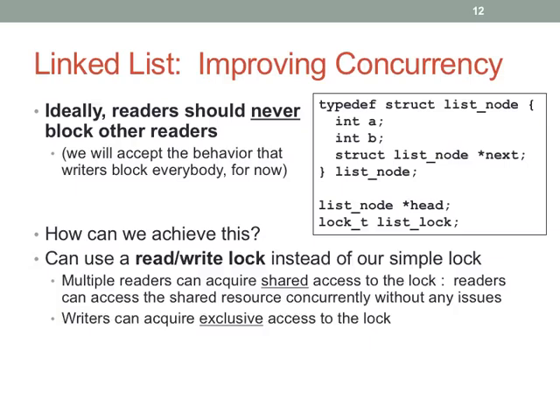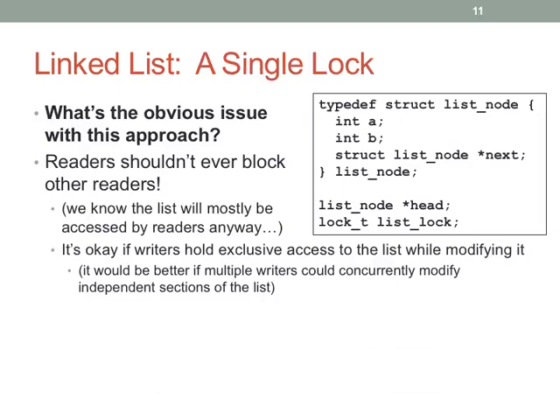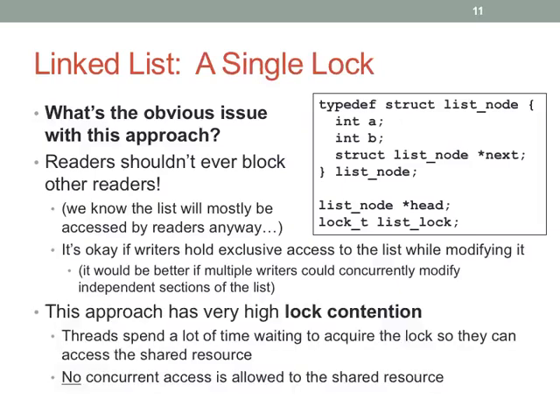Does this still have high lock contention on a single core system? Without splitting the locks into a read-write, would it still have high contention on a single core system? Conceivably it could, because if you have preemption, a thread could be preempted while it's holding the lock, and it won't release that lock.